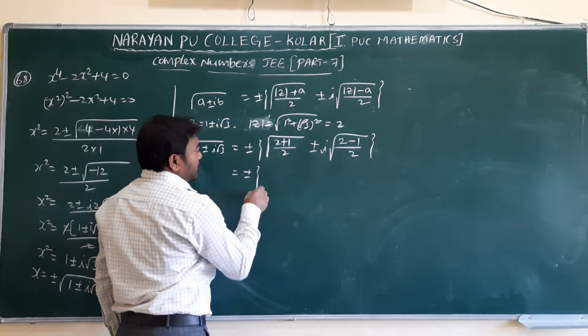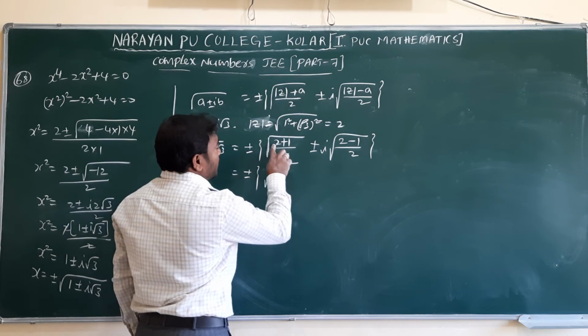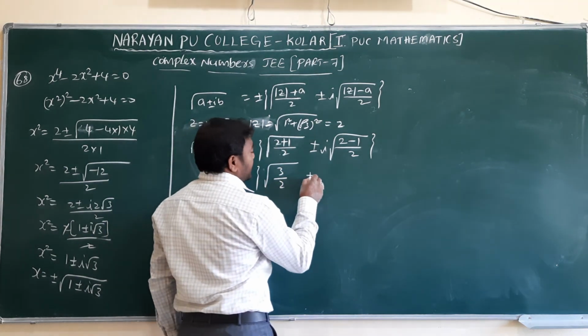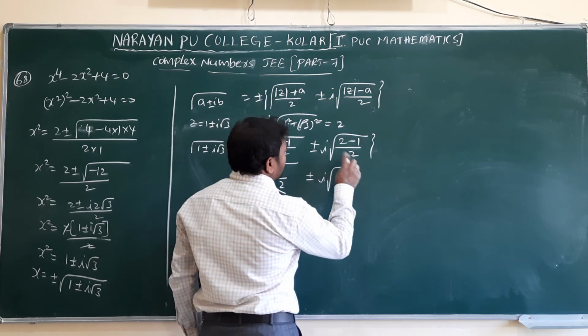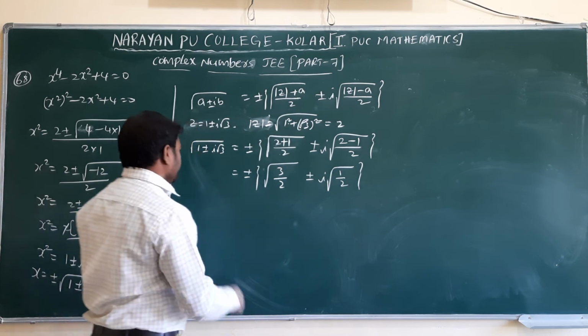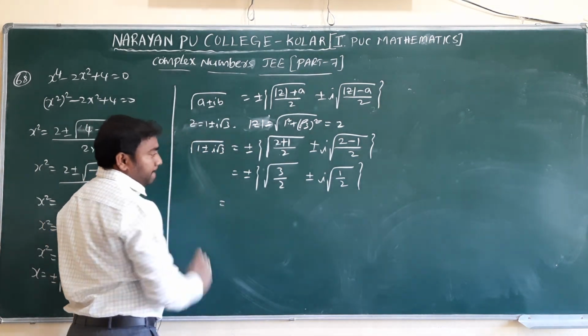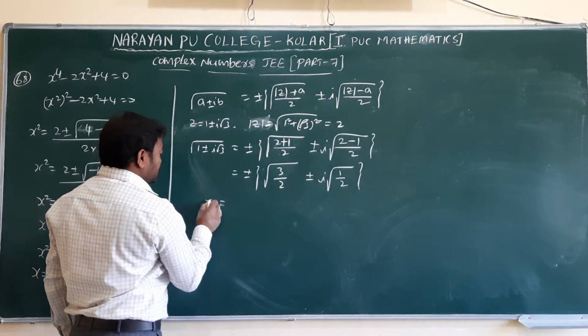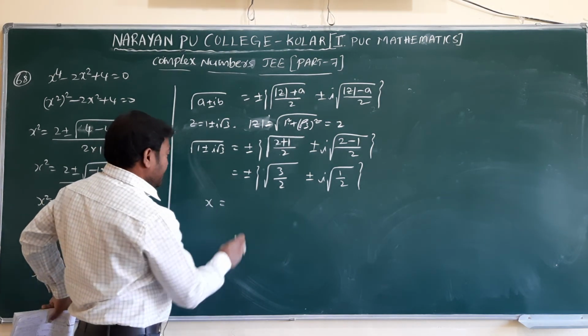That is plus or minus square root of 3 by 2, plus or minus i into square root of 1 by 2. Here the x value, what do we get?